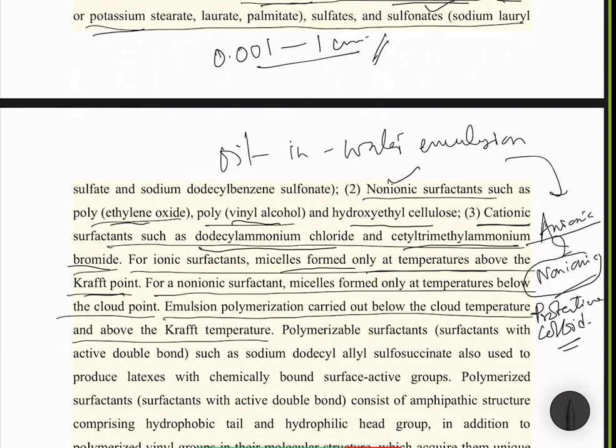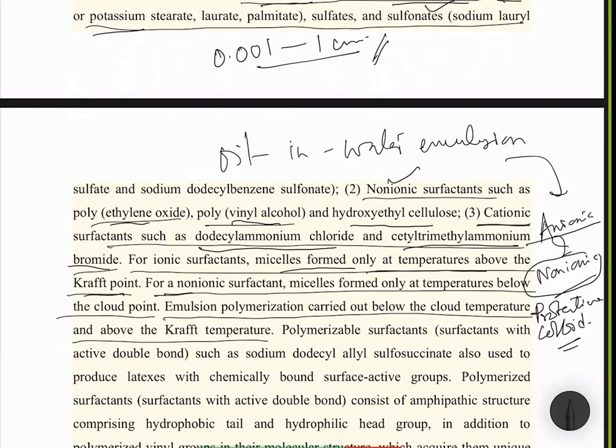And concentration-wise, you have to exceed the critical micelle concentration for this surfactant. So you can say that the Kraft temperature is very close to that of the critical micelle concentration of an ionic surfactant.